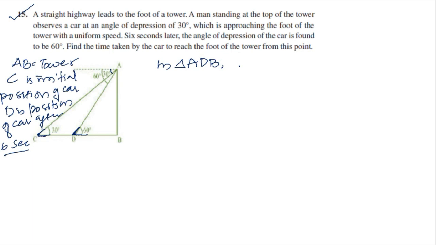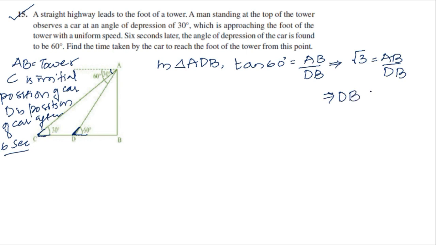In this triangle ADB, we have tan of 60 degrees equal to AB upon DB. Tan of 60 degrees is root 3. Root 3 is equal to AB upon DB. I can write DB to be AB by root 3. Let me name this as equation 1.